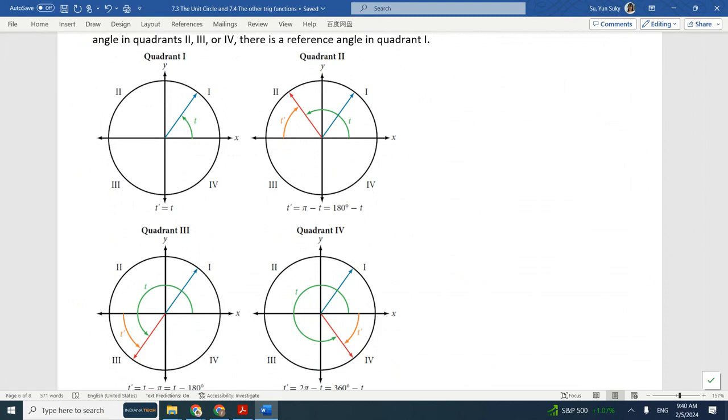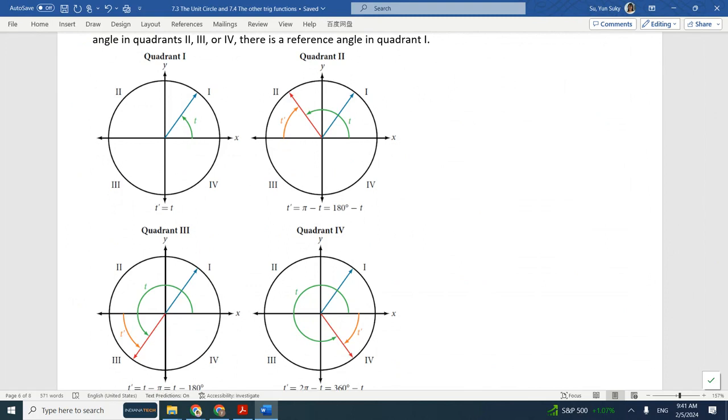If T is in quadrant 1, the reference angle is the angle made with the terminal side and the horizontal axis. Do you see in this case, the reference angle is the same as the T? Right, everybody? In the first quadrant, this angle, the T prime is the T. The reference angle is the same.